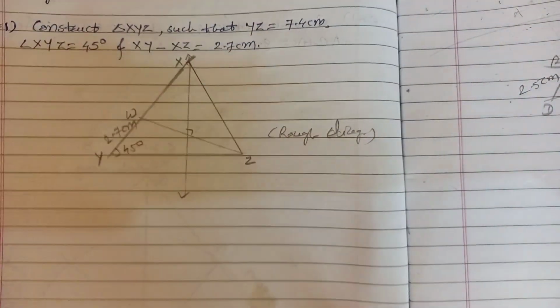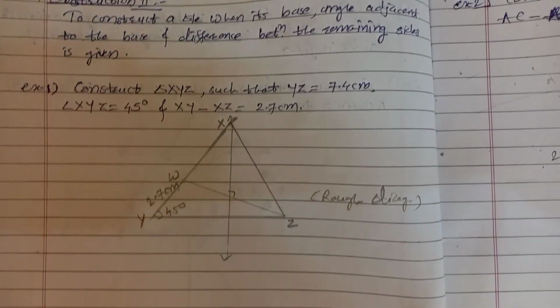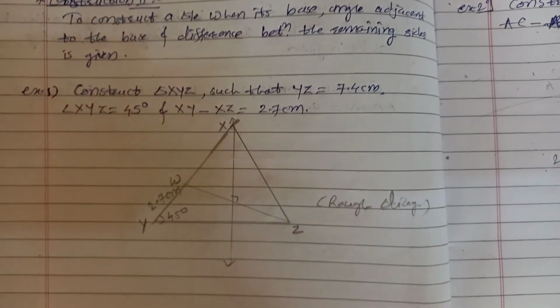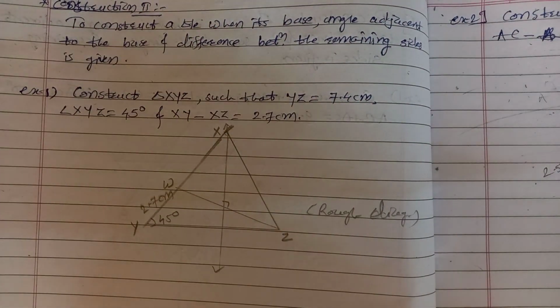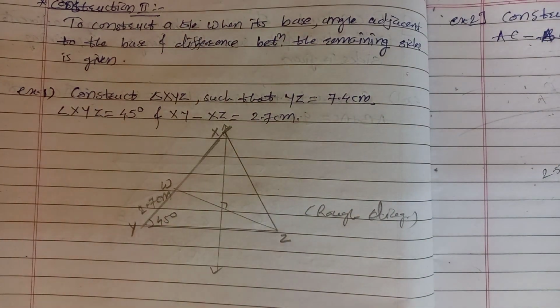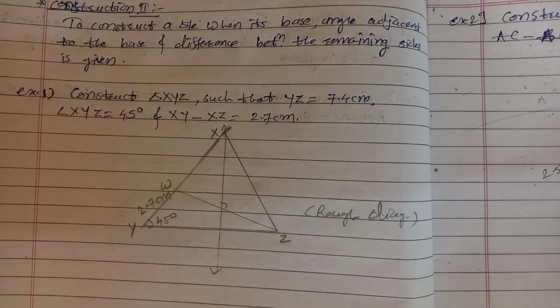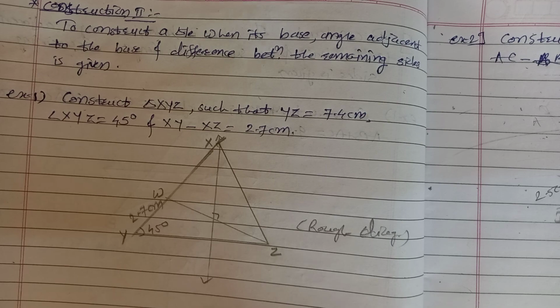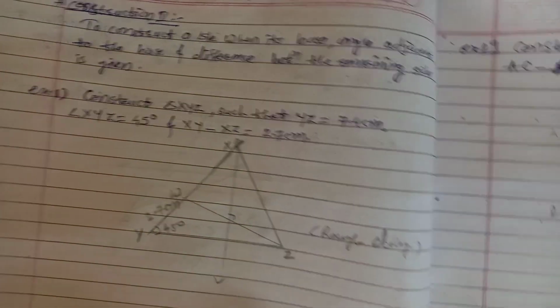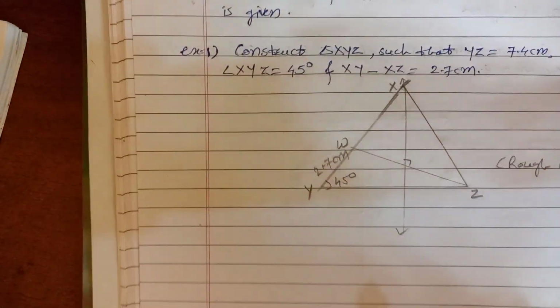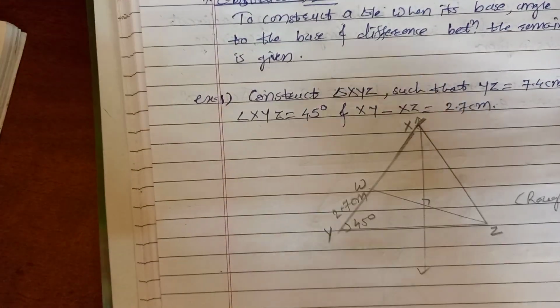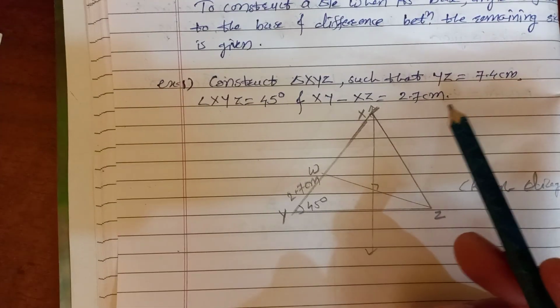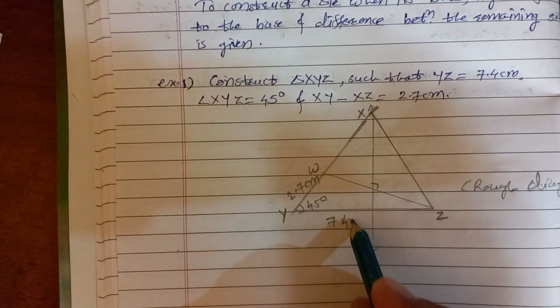Okay, see here, this diagram. This is the construction, difference of two sides. Here we drew a rough diagram. Using the rough diagram, you have to draw a fair diagram. Okay, so first we'll take a scale. We'll take a scale and then we have to draw this triangle. What is the base? YZ is given, 7.4 centimeter.